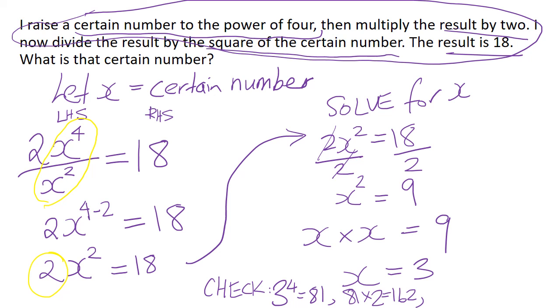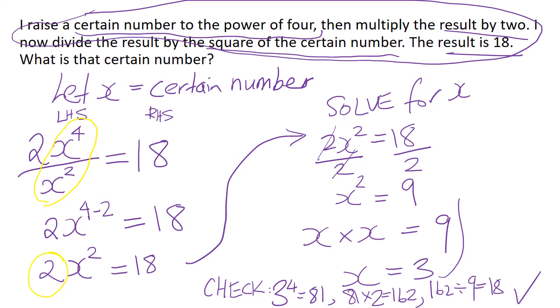Right, what do you do next? It says, I now divide the result by the square of that number. The square of that number is 3 times 3, which is 9. So I'm going to divide 162 by 9. 162 divided by 9 is 18. So the result is 18, which means my answer is correct.